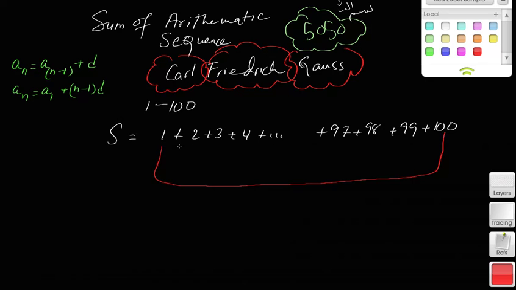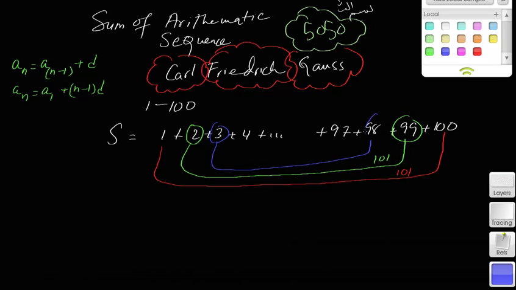He added the first and the last term, and that gives a sum of 101. Then he took the second term and the second to last term, and that gives you 2 plus 99, which is 101. Then if you take the third term and add it to the third term from the other end, that gives you 101. And the fourth term added to the fourth term from the end, you get 101.